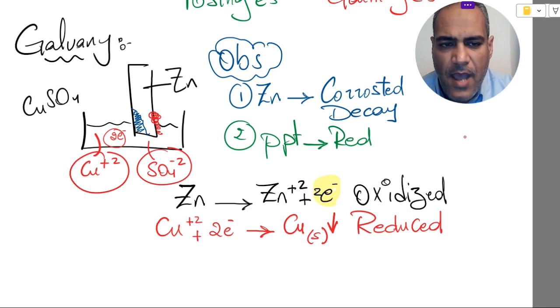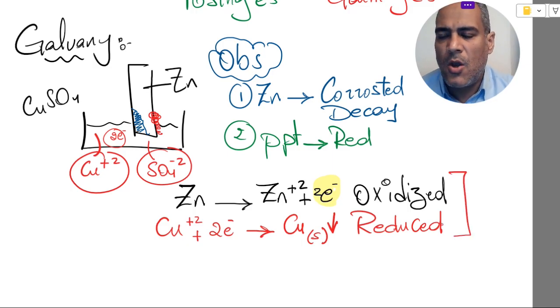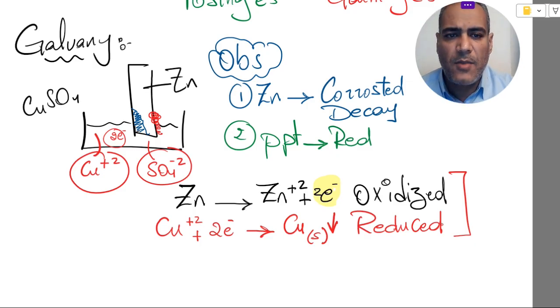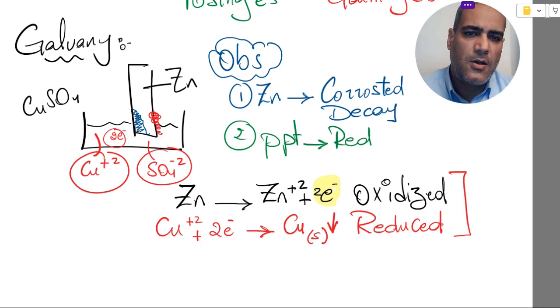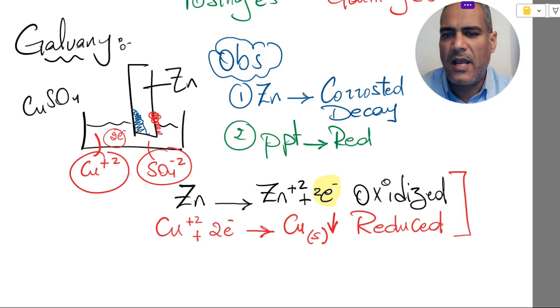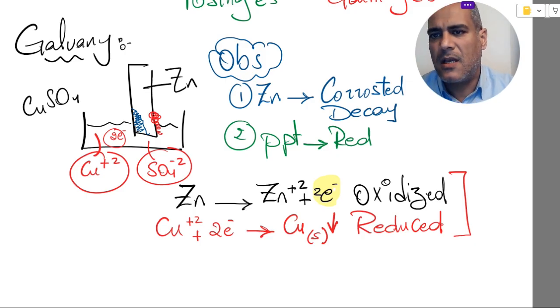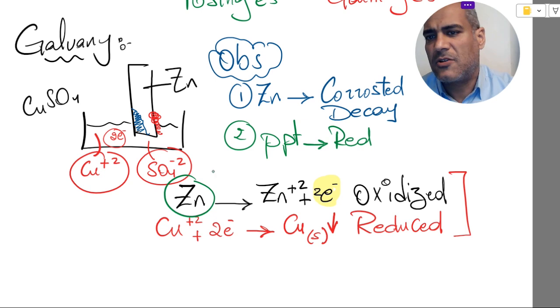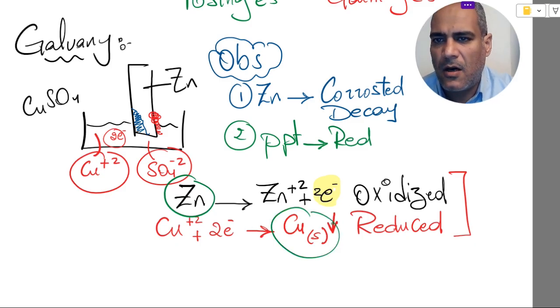So now we have two reactions which are always concurrent, because electrons are not lost into space or created, and no electron is gained from nothing. So the zinc loses 2 electrons, which are transferred to the copper ions, and then the copper is reduced and precipitated on the other side of the rod.